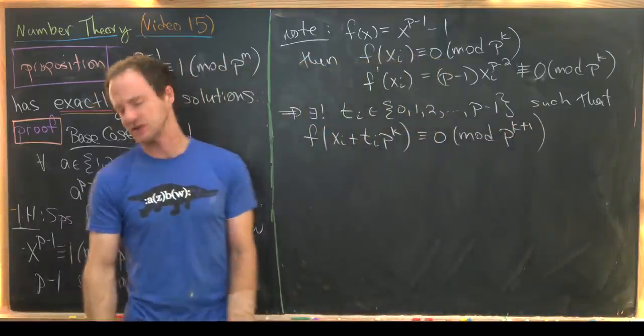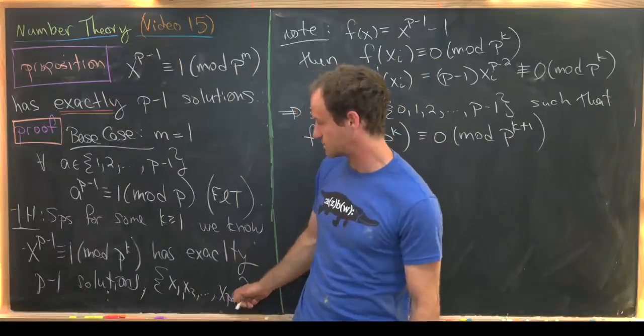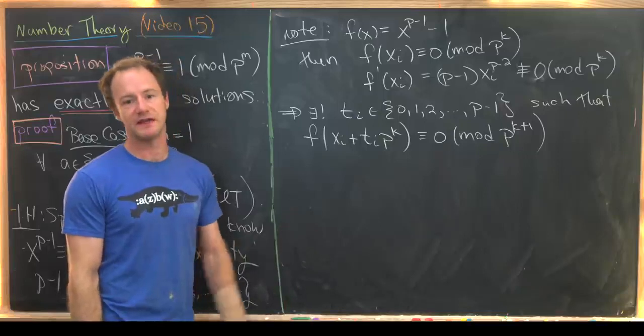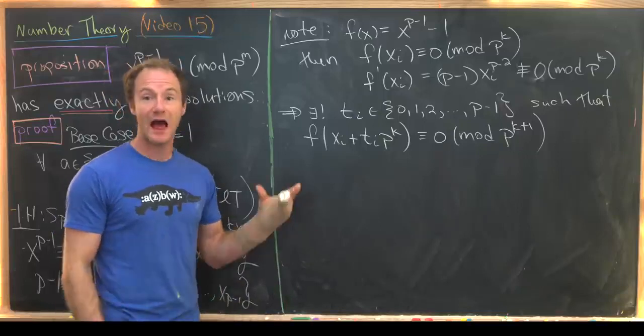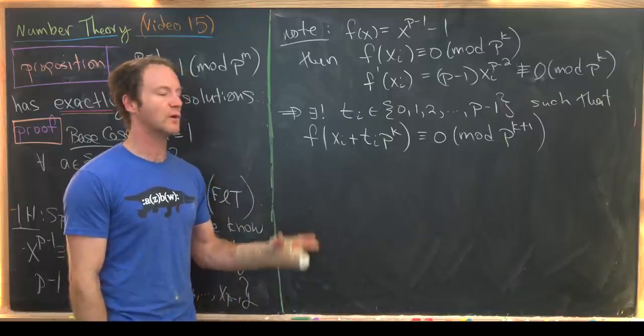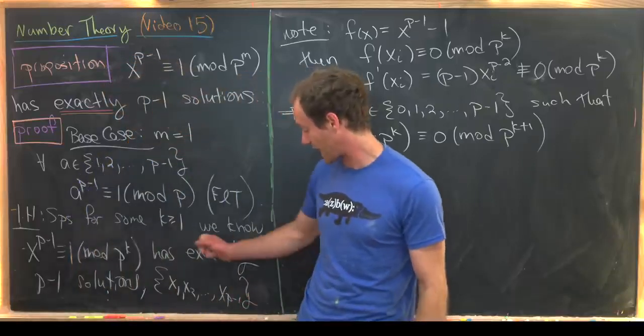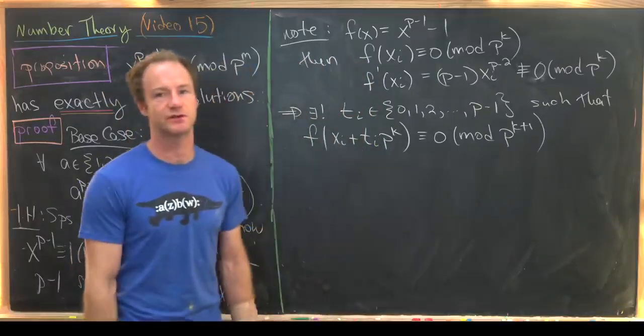So what happened here is we took our solutions mod p to the k and boosted them to solutions mod p to the k plus 1. And how many solutions do we have so far? Well, we have at least as many solutions as we started with down here. We have at least p-1 solutions.